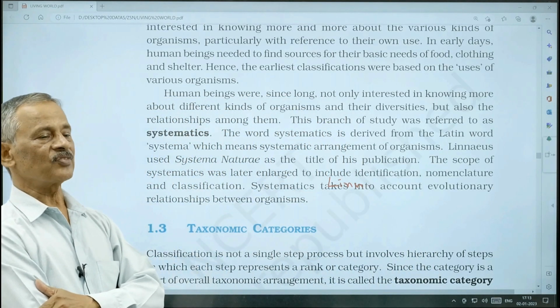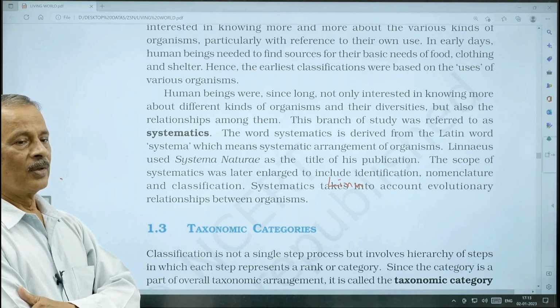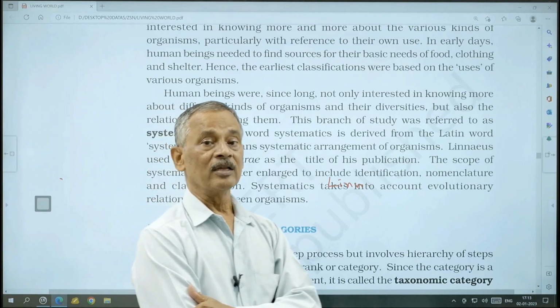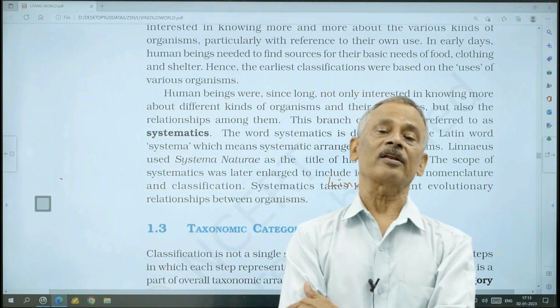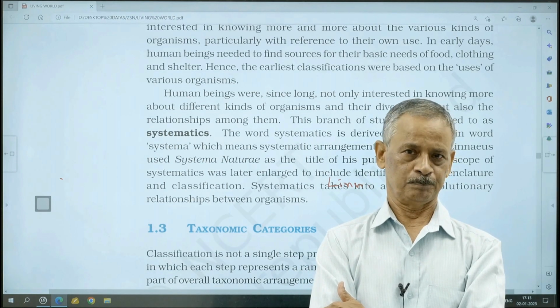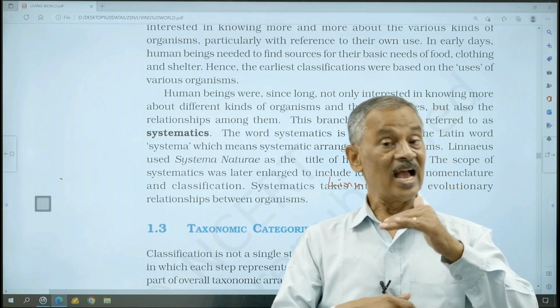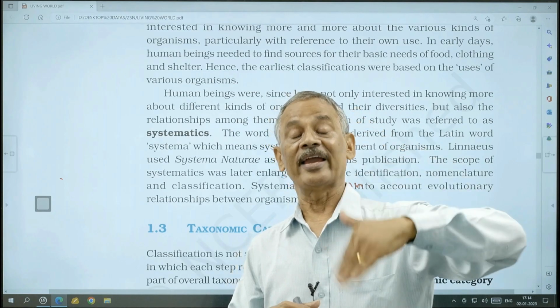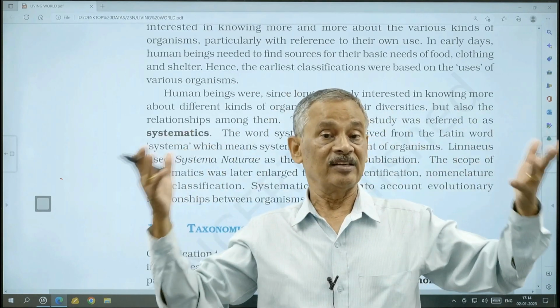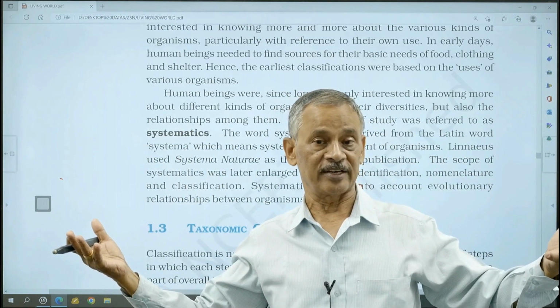So a genus consists of similar species which are all related to each other. A genus is at a higher rank because it contains so many species under it.